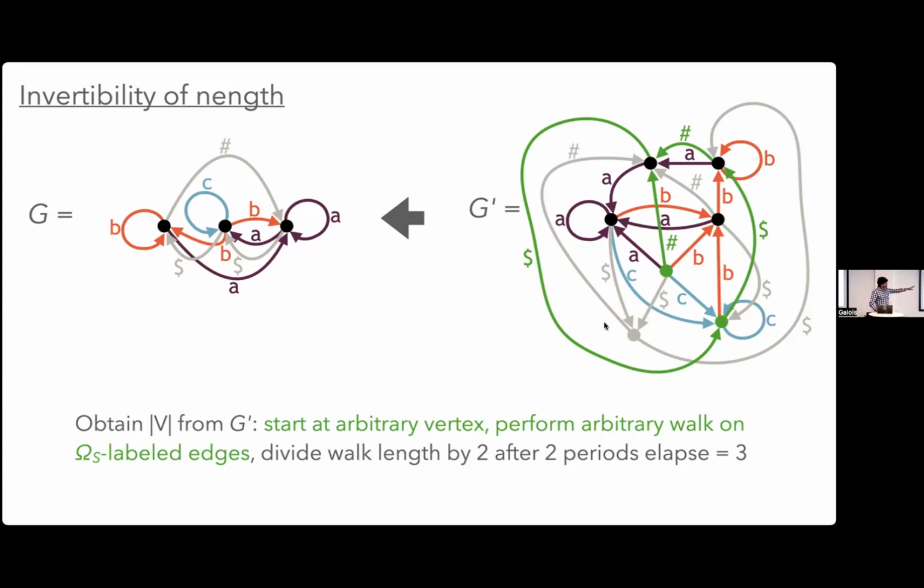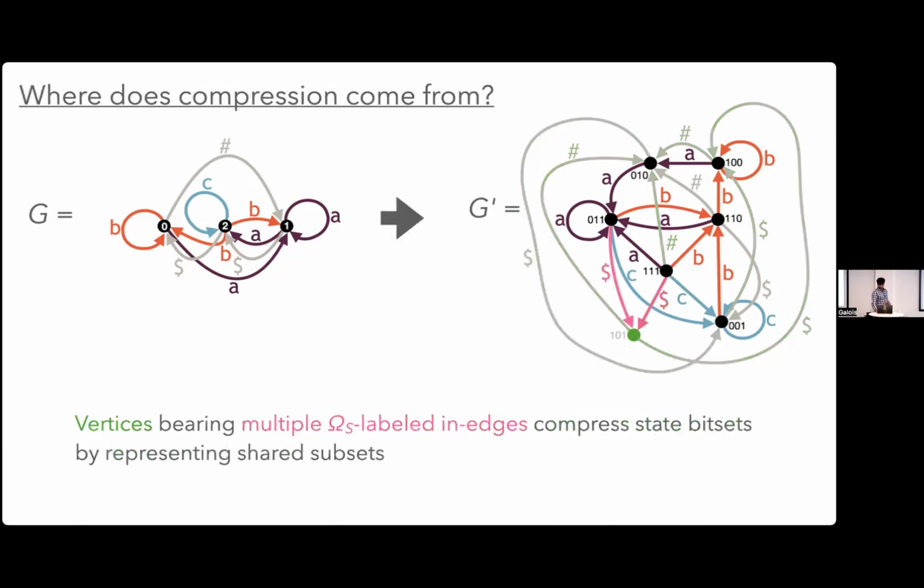So let's just perform this walk. I walk across hash, I walk across $, I walk across $ again. Then I walk across hash, I walk across $, I walk across $ again. Whoop, 2 periods, my walk length is 6. I divide by 2, I get the number of vertices in G, which is 3.